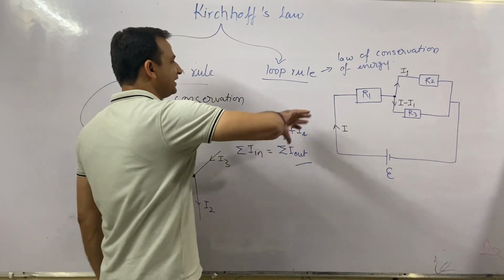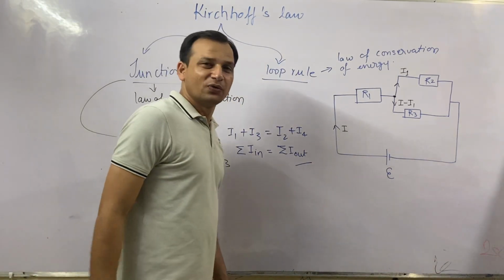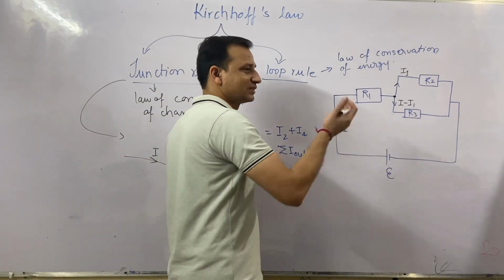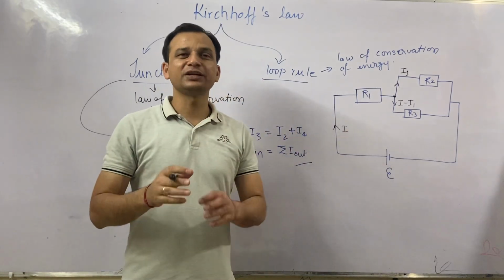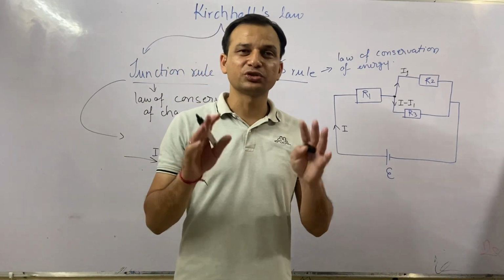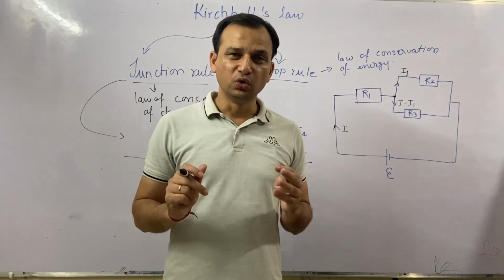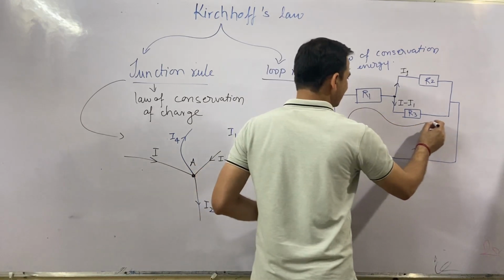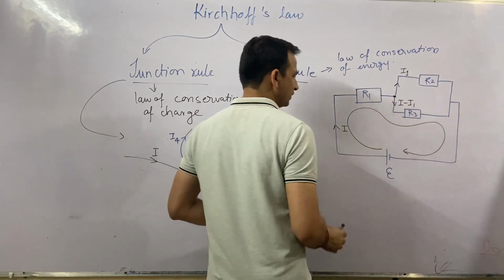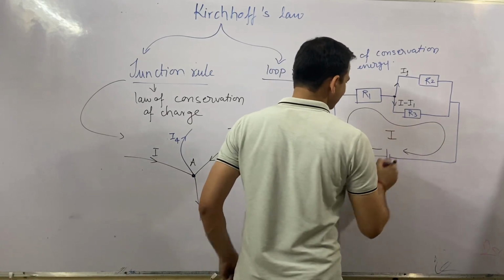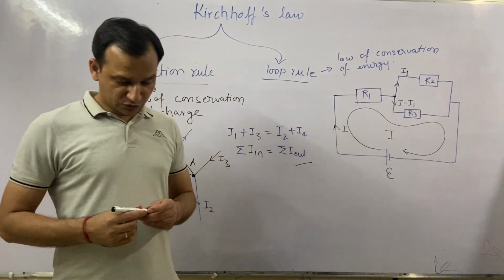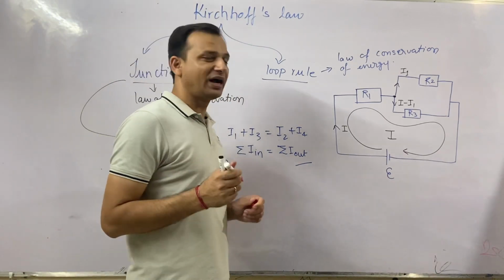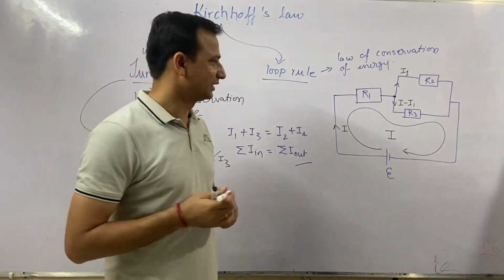Now to apply the loop rule, we can draw a loop within this circuit, and we are free to take any closed path as our loop. For example, I can take this one as our first loop. Within this loop, there are two resistors and one power supply.